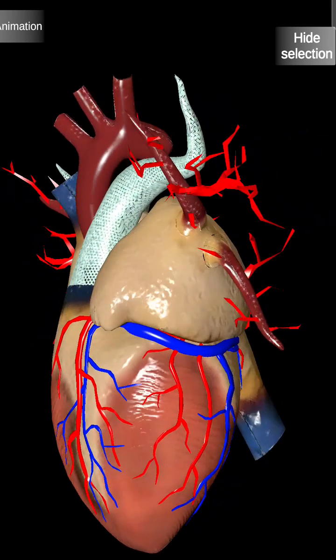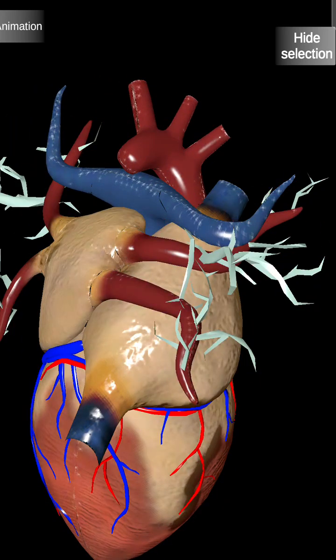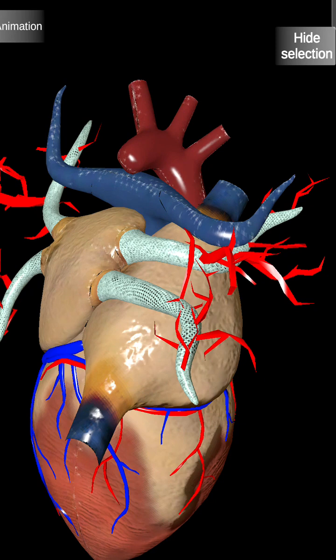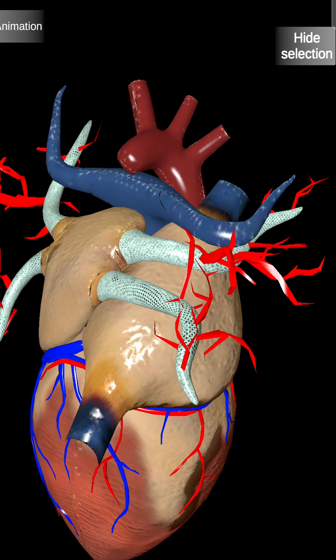After it has been oxygenated, the pulmonary vein, where is it? The pulmonary vein carries oxygenated blood from the lungs to the left atrium. After blood has been oxygenated at the lungs, it is taken by a vessel called the pulmonary vein.